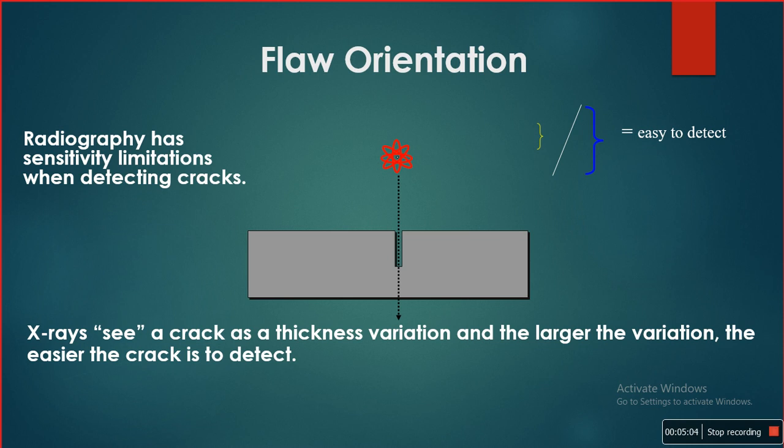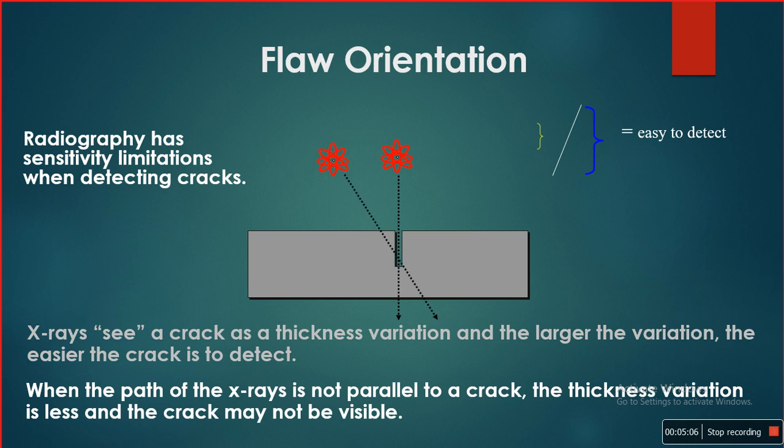Consider here, two examples are shown in the diagram. One is where the source is exactly parallel to the flaw, and the second case is where the flaw is inclined to the surface of the component. In these two cases we get different sensitivity from this method.